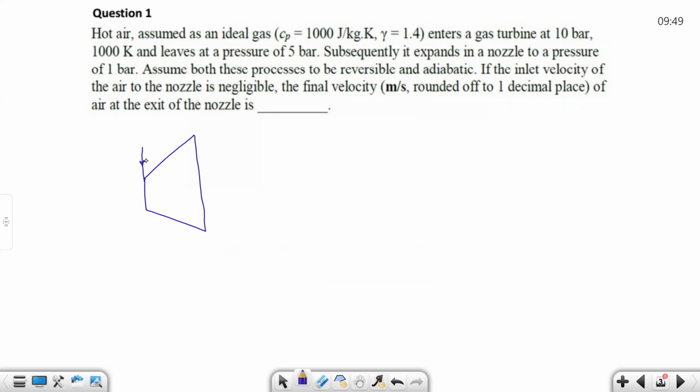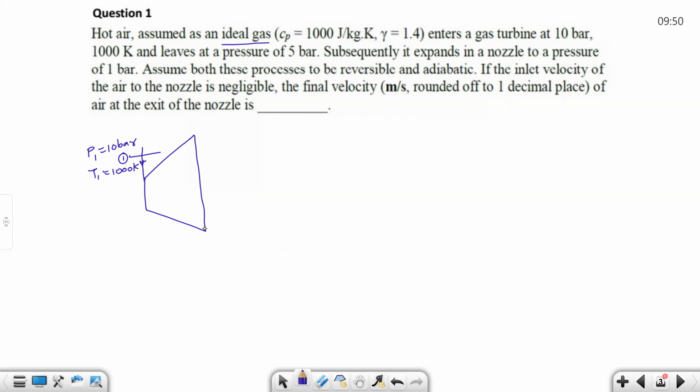This will be your entry state 1, and it enters at a pressure of 10 bar and temperature 1000 Kelvin. So it's an ideal gas, with the Cp and gamma value given.